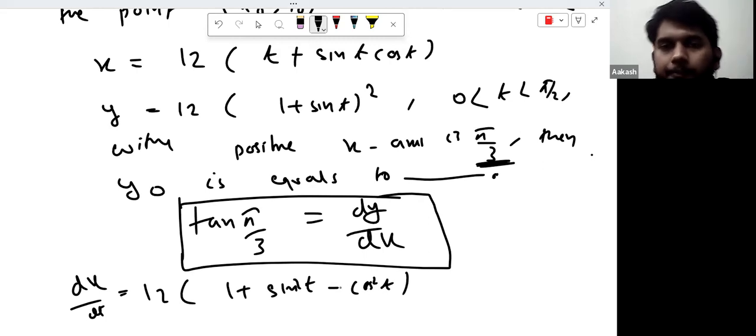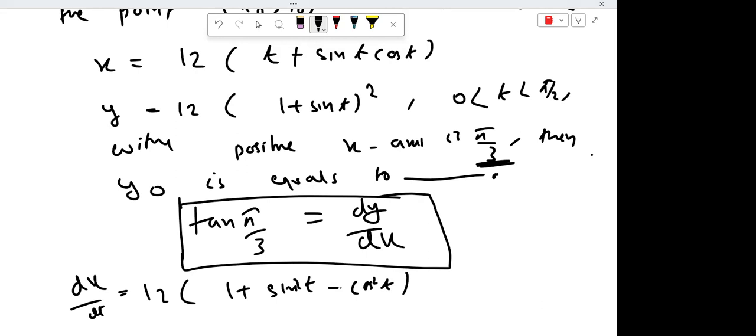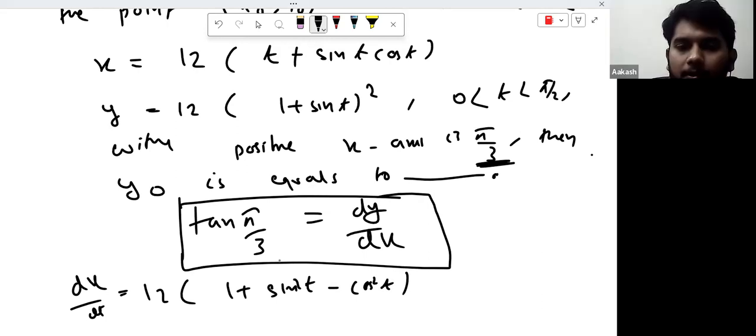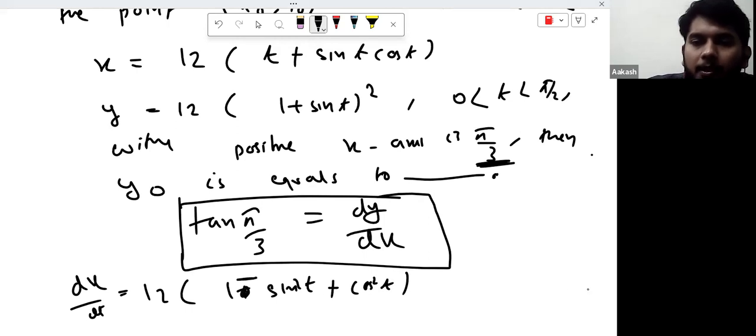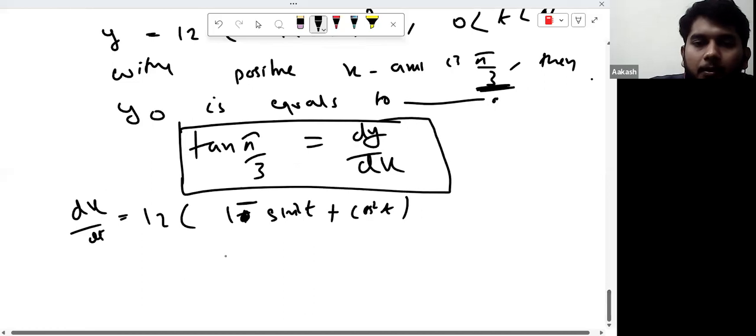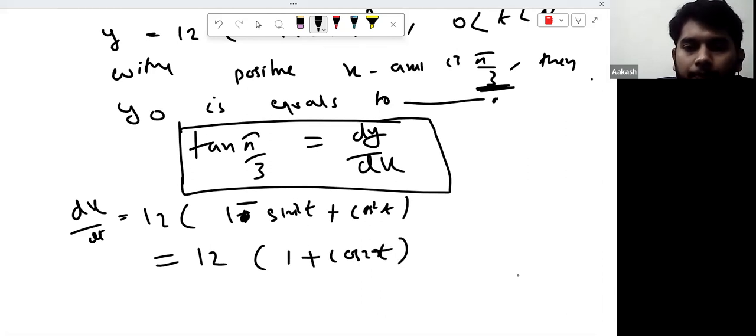Yes or no? Yes, sir. No. Actually, this will be positive and this will be negative. We made a sign mistake. So this is 12 times (1 plus cos 2t), since cos square t minus sin square t is cos 2t.